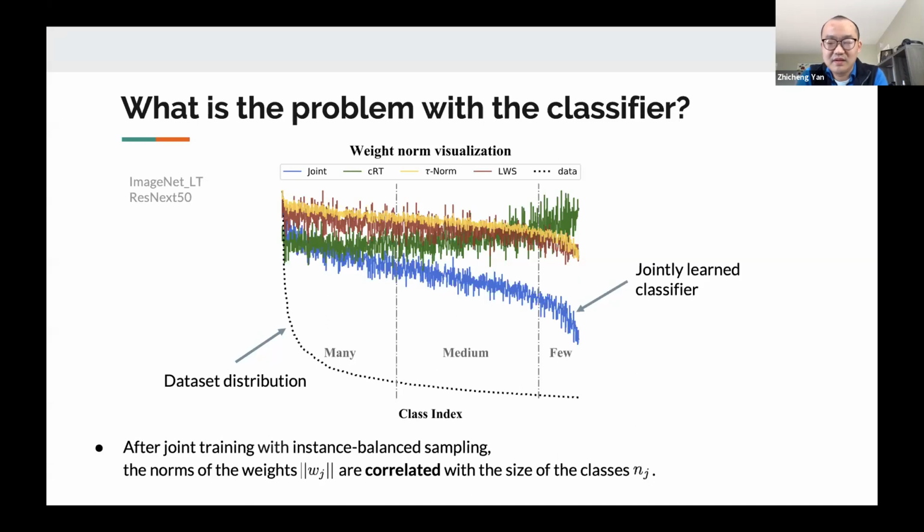Basically, the head classes have many more training examples, and their weights have larger norms compared with the tail classes. We see this as a problem in the classifier, which will be biased towards the head classes during classification.